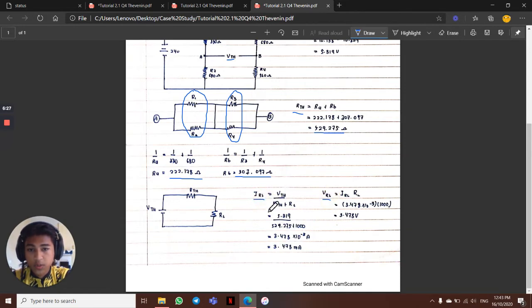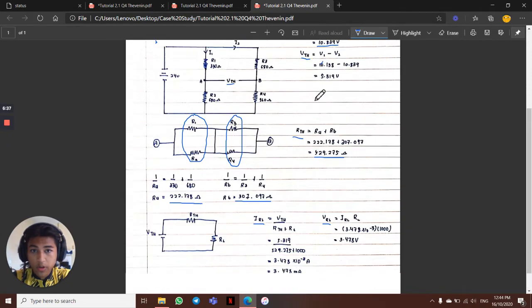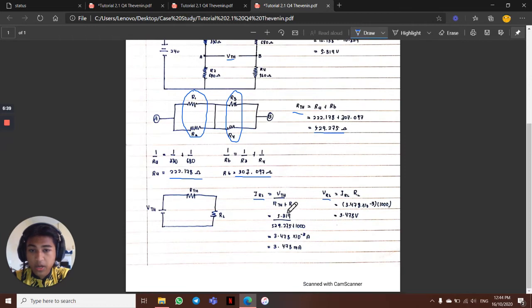In order to find the current for the load resistor, we must use the formula IRL equals VTH, we already have VTH, divided by RTH plus RL, which is the load resistor.